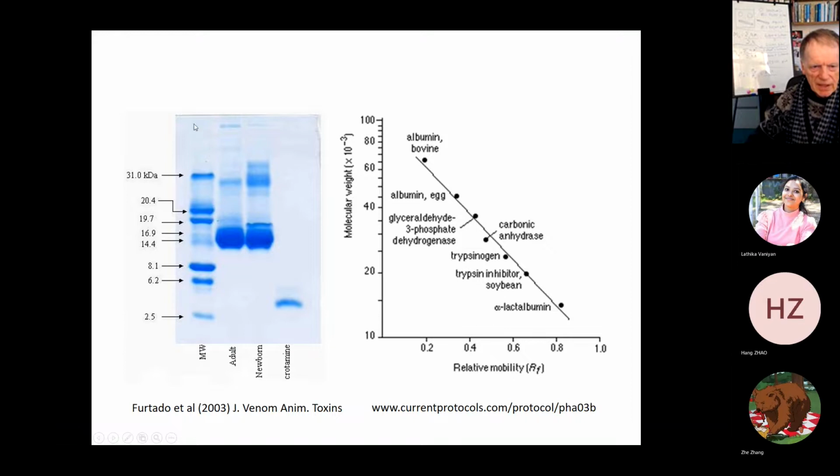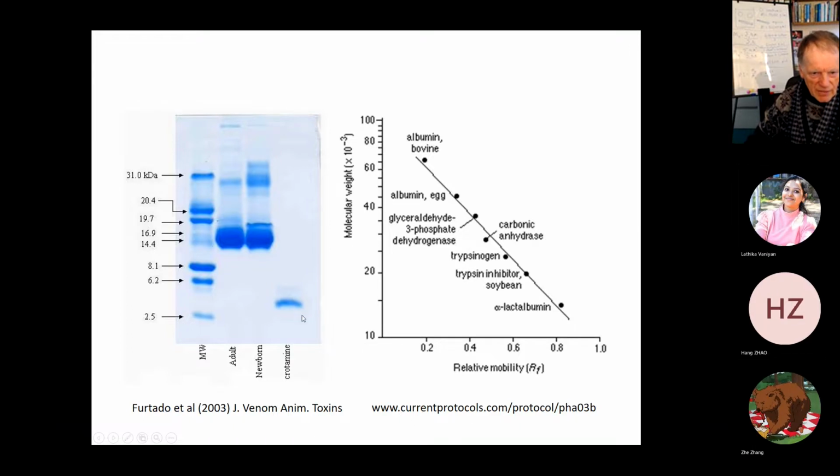These are the patterns that you get. This is the standard lane here, with proteins of known molecular weight, and these are samples containing snake venom toxins, and this is a comparison of differences between an adult snake and a newborn snake.